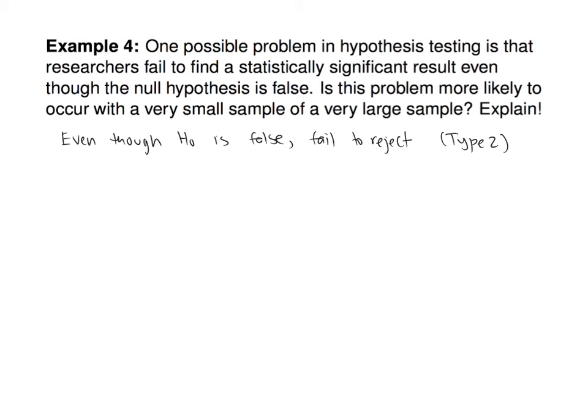That was a type 2 error, right? Yep, and that happens with a small sample. Small samples have relatively large standard errors, and as a result it's hard to reject H naught. So one way to decrease the chances you make that type 2 error is to make a bigger sample.